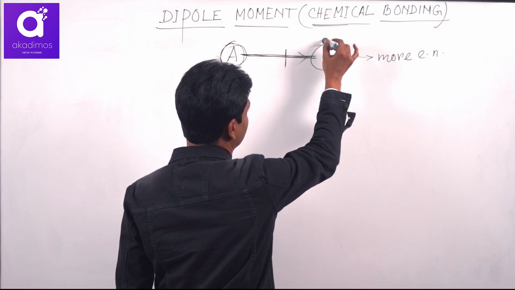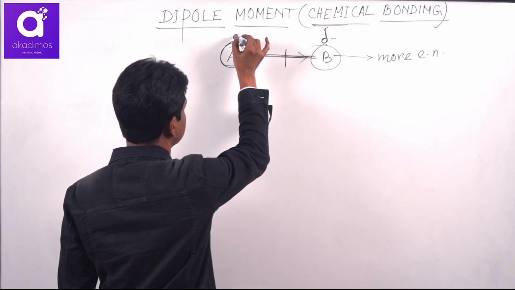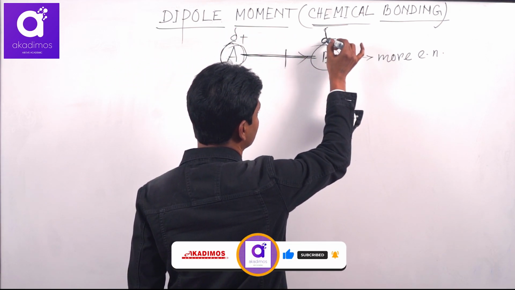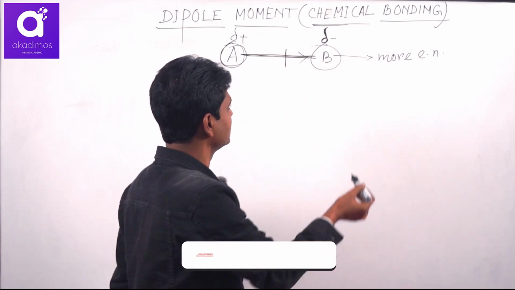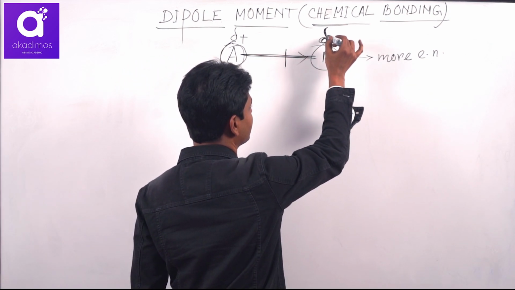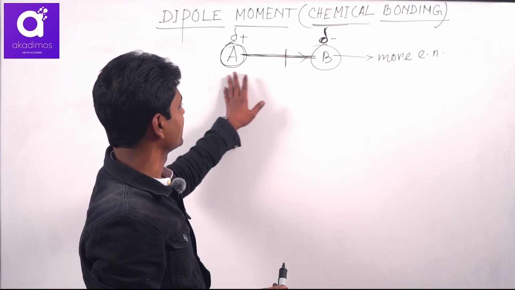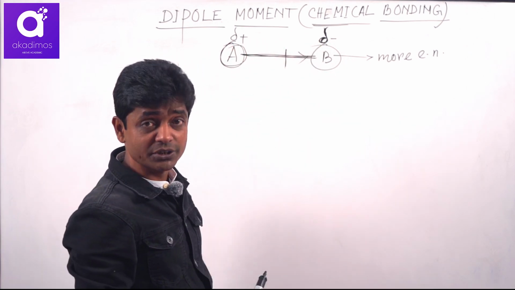You will get a delta minus, a very little bit of minus, and the corresponding delta plus, so overall it is neutral. The delta is just to express a very small amount, and this is the quantitative figure, which depends on the difference of electronegativity. The greater the difference of electronegativity, the greater the value of charge separation.